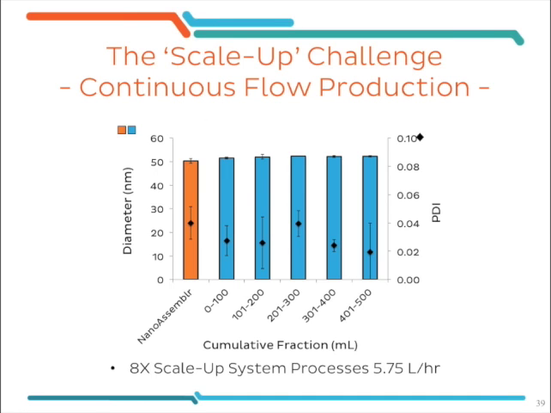We just made the exact same thing, just in a larger volume, in a system that had 8 microfluidic parallel chips. And if we look at the diameter and the polydispersity index here on the left, the quality of the particles doesn't change. And so this means that we can seamlessly scale up from the prototype stage to a large-scale volume and save a lot of time and energy in this process.